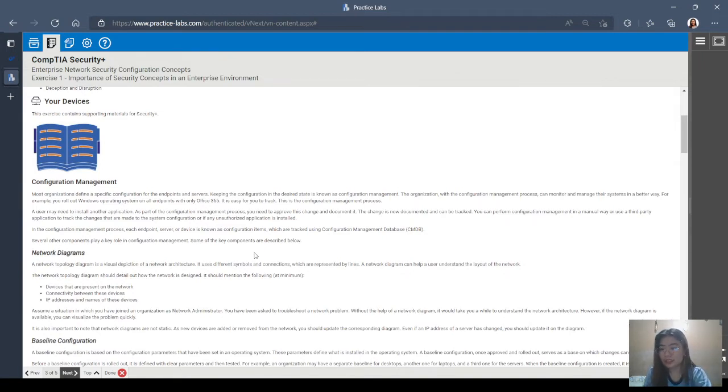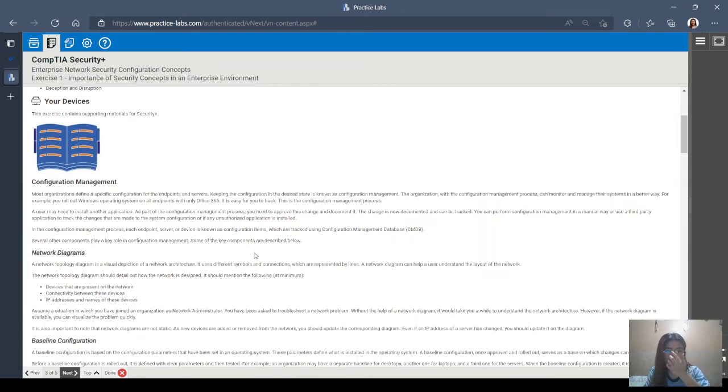Consider a situation in which you have joined an organization as a network administrator. You have been asked to troubleshoot a network problem without the help of a network diagram. It would take you a while to understand the network architecture.